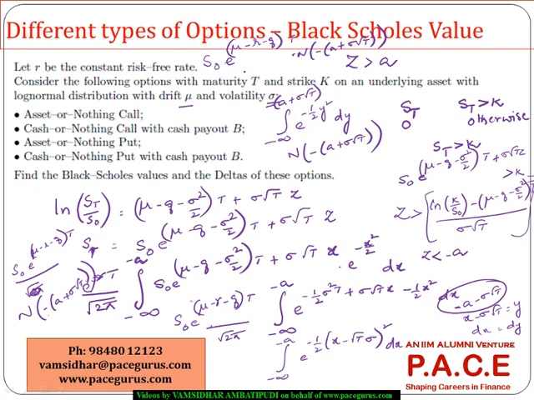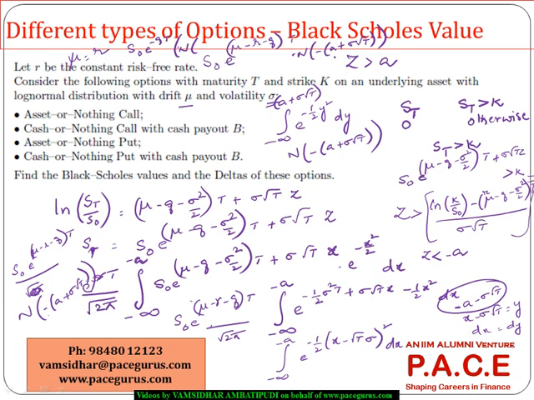Otherwise, if you look at it, if mu had been equal to r, it could have gone directly as S naught into e power minus qt, N of... my A would have looked as good as a d2, and N of minus of (minus d2 plus sigma root t) is coming out as d1.